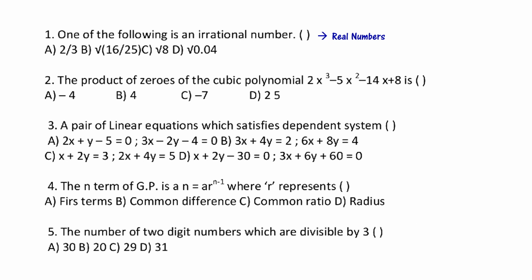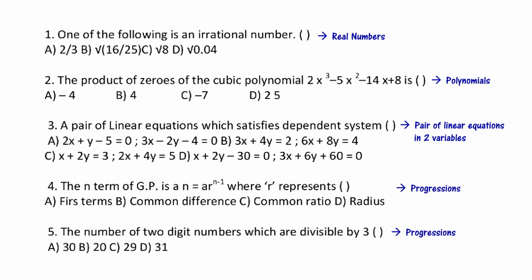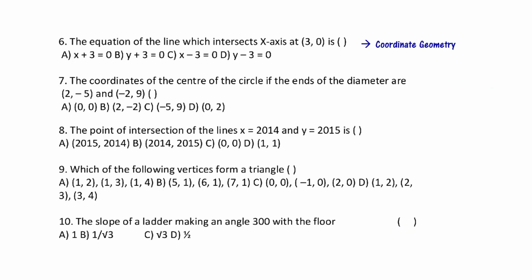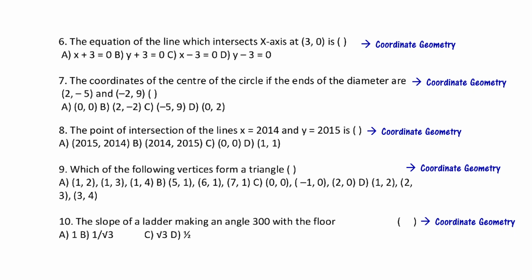Question number 1 is from real numbers, 2 is from polynomials, 3 is from pair of linear equations, 4 is from progressions, the 5th one is from progressions, and the 6th one is from coordinate geometry. From 6 to 10, all questions are from coordinate geometry.